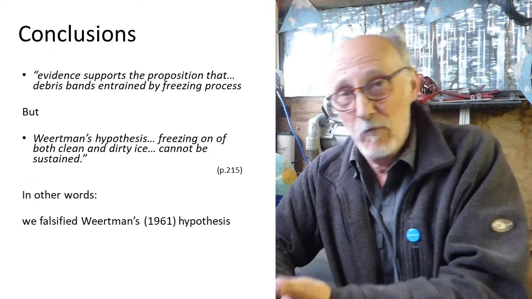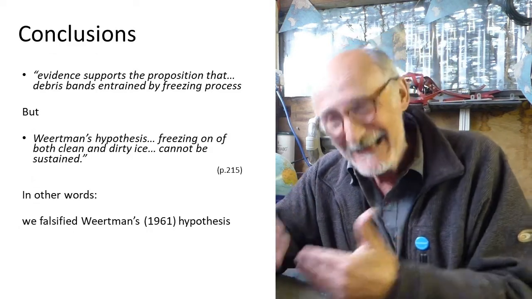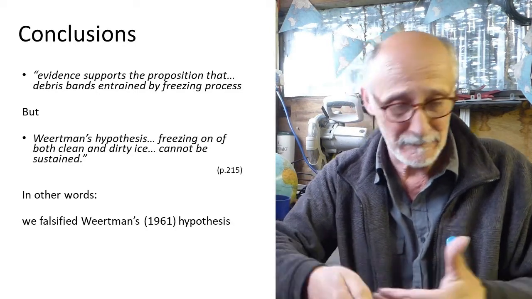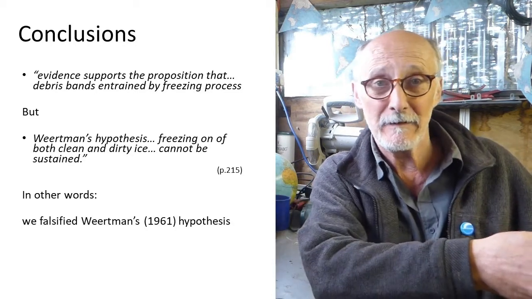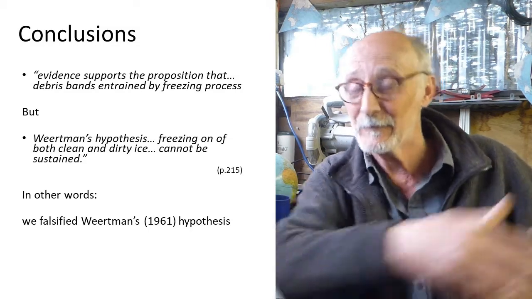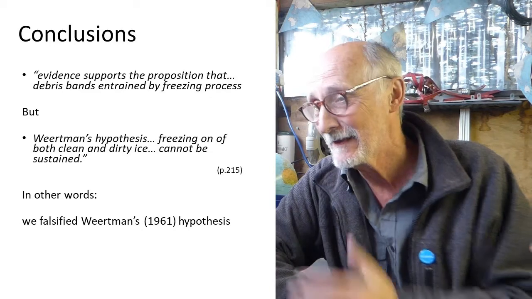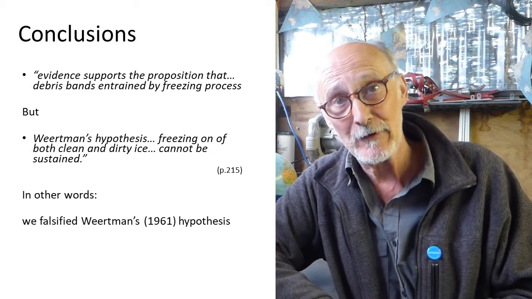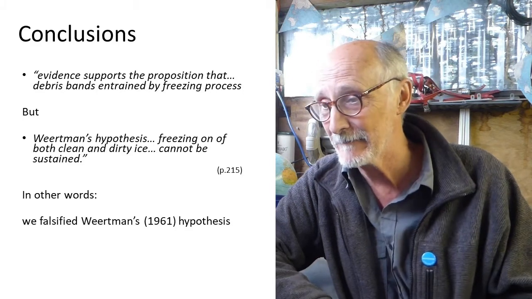So there's our conclusion, and it's easy to arrive at the conclusion once you've got the data, the observations, given that you've set up this hypothesis testing approach and you understand what the predictions of your hypothesis were. So the evidence supports the proposition that the debris bands are entrained by a freezing process, liquid freezing at the base of the glacier.